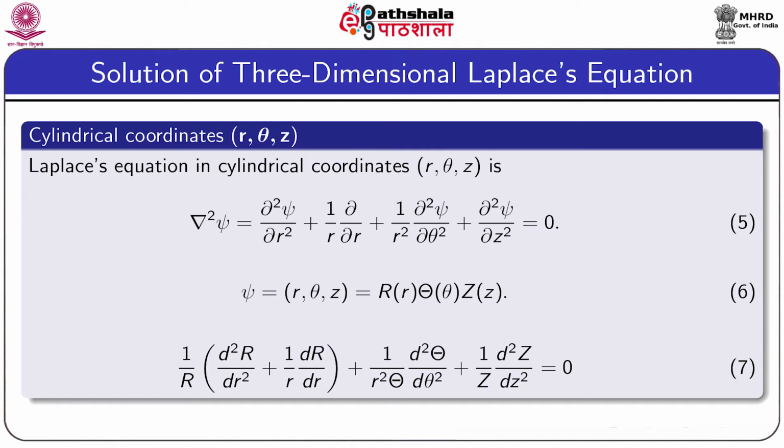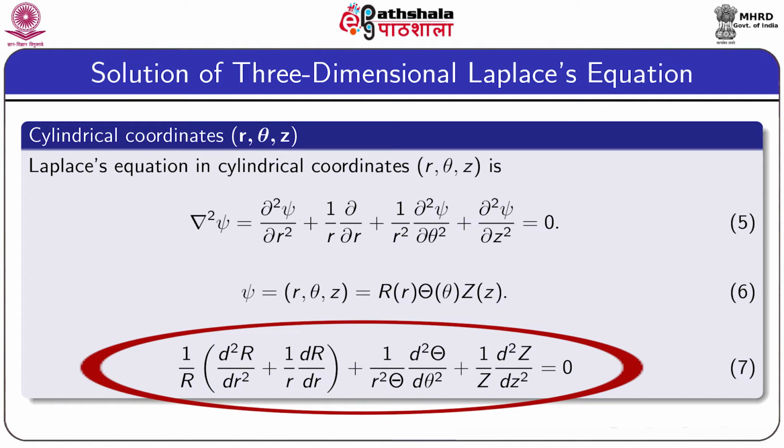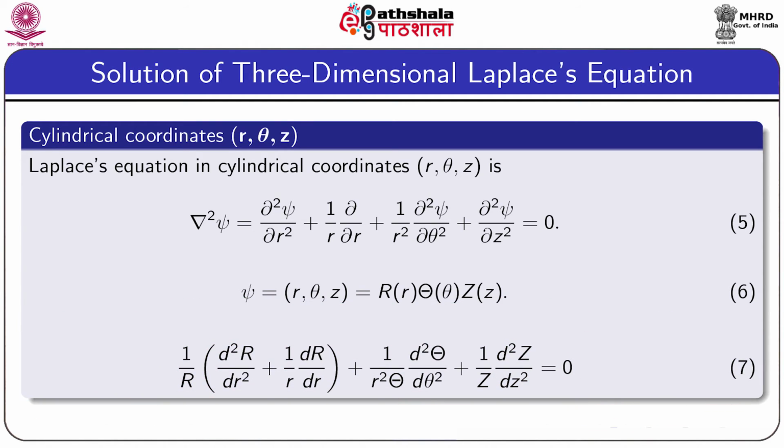For that purpose, we write psi as a product of functions R, Θ and Z, where R, Θ, Z are functions of r, θ and z respectively. If you substitute the expression for psi from 6 into equation 5, we get the equation written in equation 7.